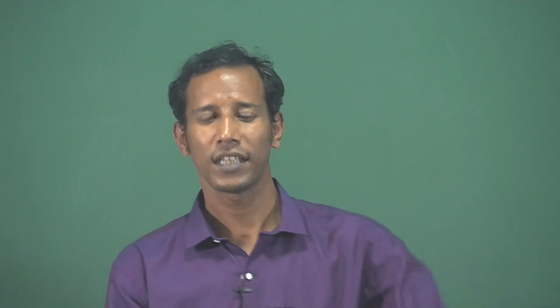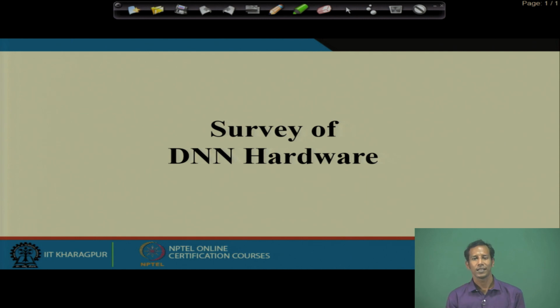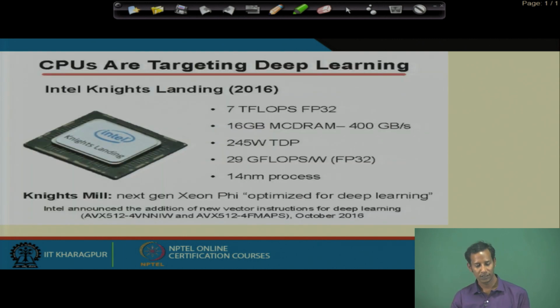The second thing is to consider how much deep neural network hardware people have already developed, or are still trying to develop. Intel in 2016 came up with a deep learning processor, the Knights Landing.